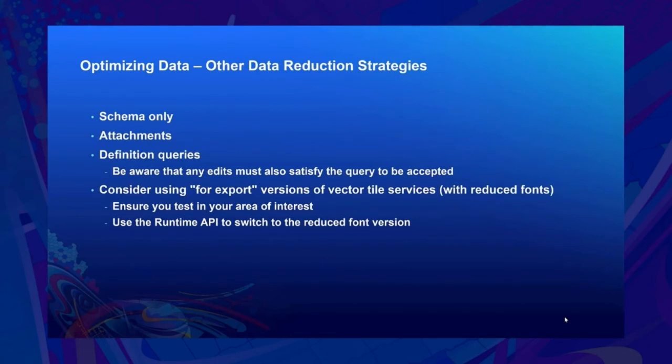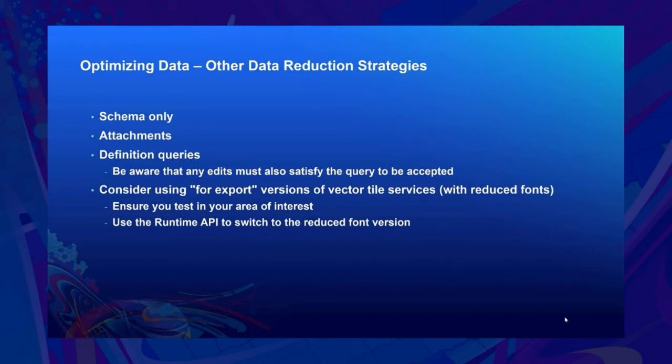There are some other data reduction strategies you can take advantage of with Runtime. When we are thinking about feature data, one of the big things is how the data is required for your workflow. Now, if your workflow is really just capturing new data, then you might decide that your users actually don't need access to other data that's been captured previously.